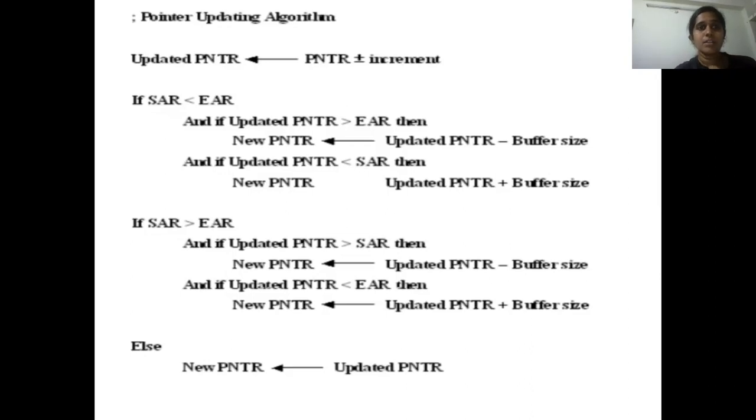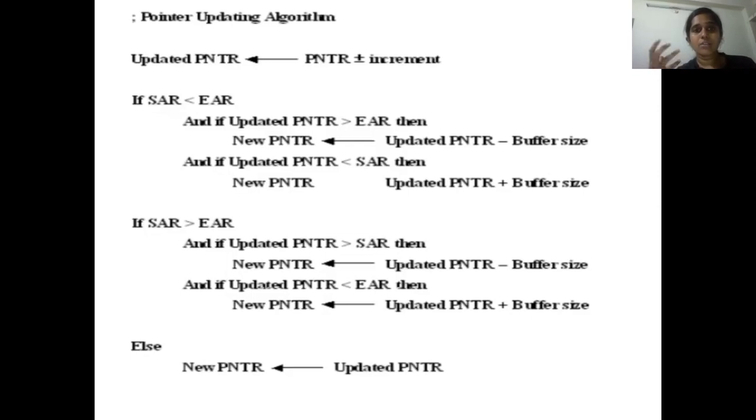If the starting address of the register is less than the ending address of the register, and if the updated PNTR is greater than the ending address register, then the new pointer value will be updated PNTR minus buffer size. And if the updated PNTR is less than the starting address of the register, then the new PNTR is the updated PNTR plus buffer size. Please keep these things in your mind.